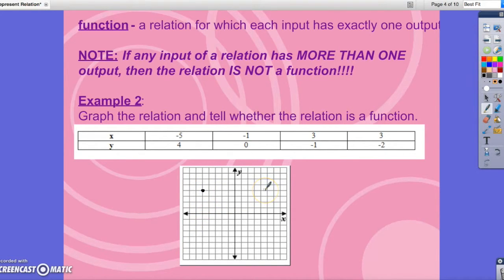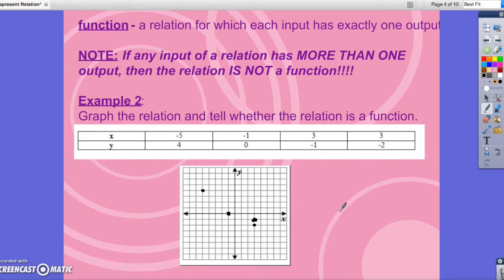There's my point. Then I have negative 1, 0. So I go to the left one. Negative 0 stays there. Then 3, negative 1: positive 1, 2, 3, down 1. And 3, negative 2 is right about there, right?